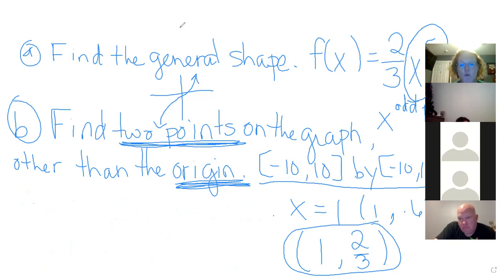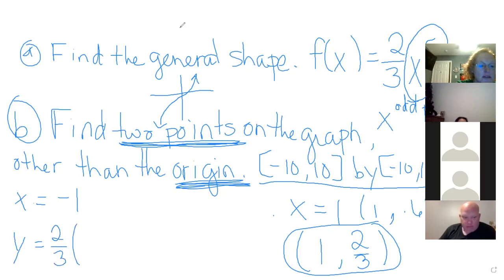Now, I didn't say it was wrong if you picked any other number, but usually those numbers don't fall outside of that -10 to 10, so we don't end up with a problem like we did with 2 a minute ago, and those are generally the easiest ones. So if I'm going to say x is -1 in this one, then y would be 2/3 times -1 to the 5th.